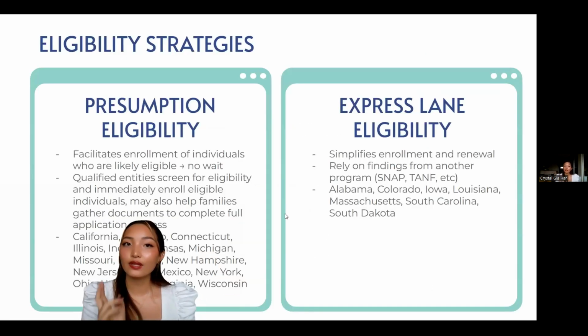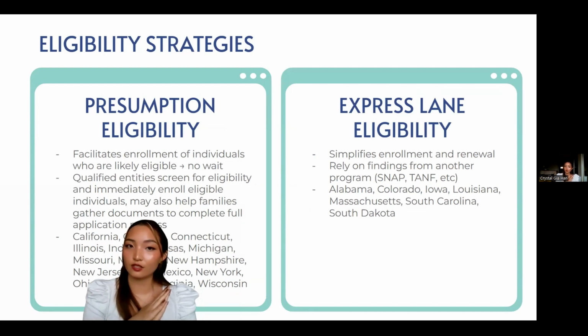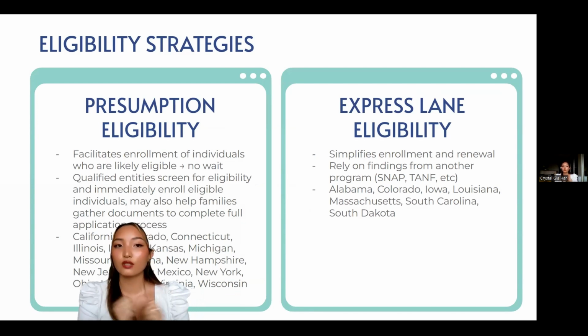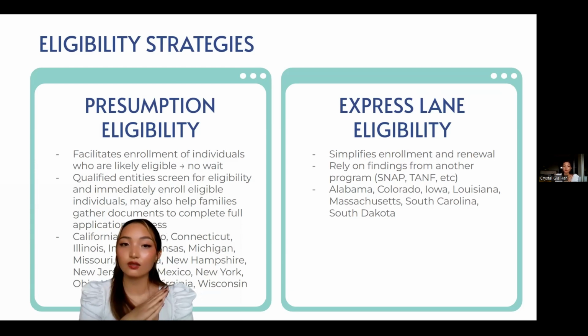Okay, and there are two strategies that are used when considering eligibility. Firstly, we will be talking about the presumptive eligibility strategy. Through this strategy, your state agency facilitates enrollment of individuals who are likely eligible. The benefit of this is that you will not have to wait for your application to be reviewed.